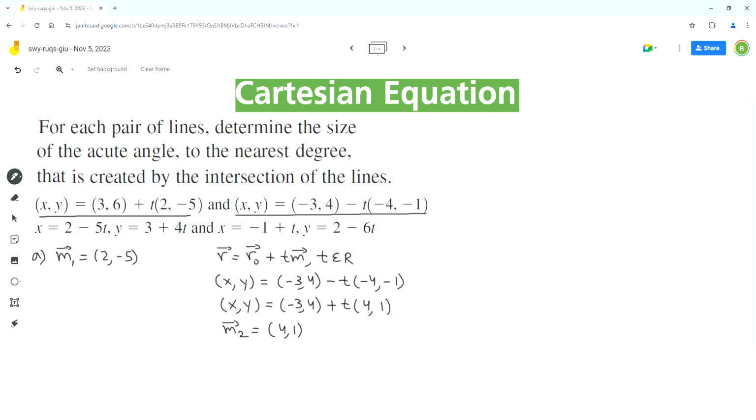Now the angle between the lines is equal to the angle between their direction vectors. This is a very important concept we need to understand and memorize. So we'll find the angle between these direction vectors m1 and m2 using the dot product equation.